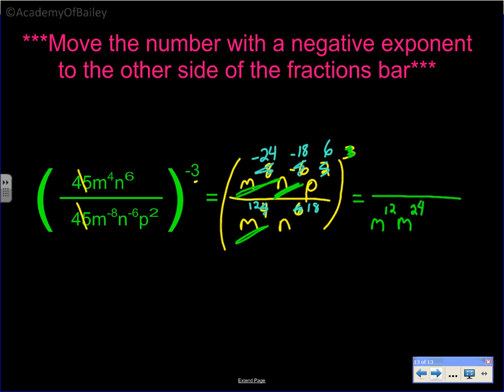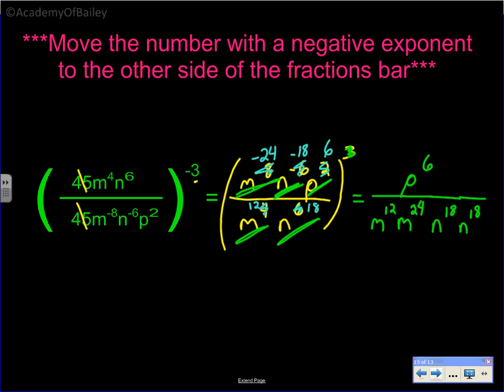So n to the negative 18th should also go to the bottom because it's on top with a negative exponent. And then on bottom, we have n to the 18th. This one came over. It was positive, so it stayed where it was at. And then we're left with p to the positive 6, so it stays on top.